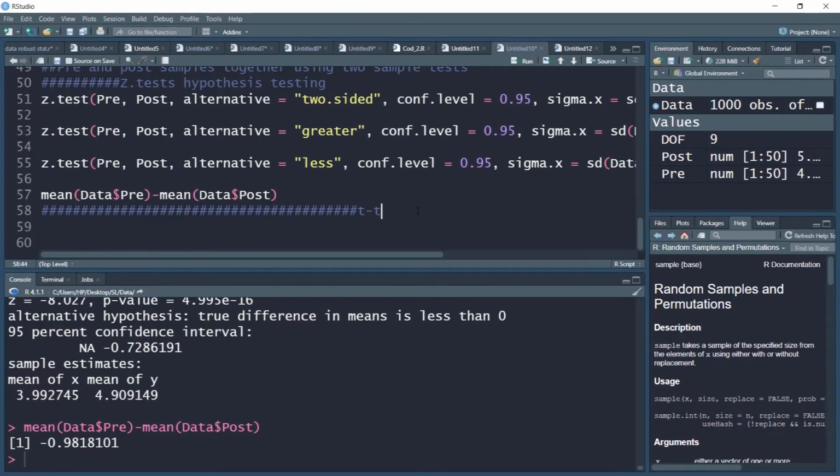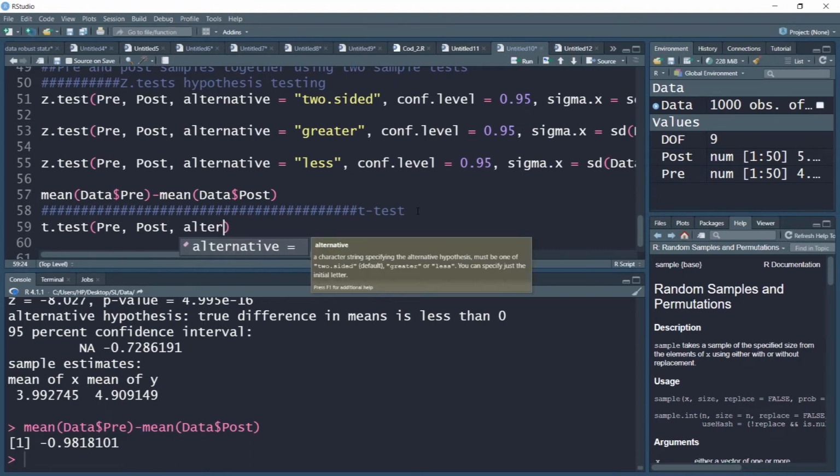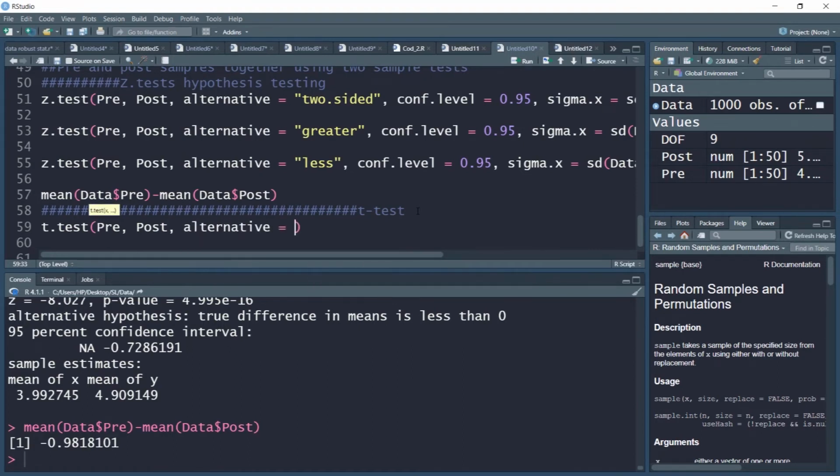So we'll conduct the t-test, and t-tests are done when population variances are not known and sample sizes are small. So we'll start with our simple t.test command. First we'll supply the pre-sample, then post, then we'll set the alternative argument as two-sided.